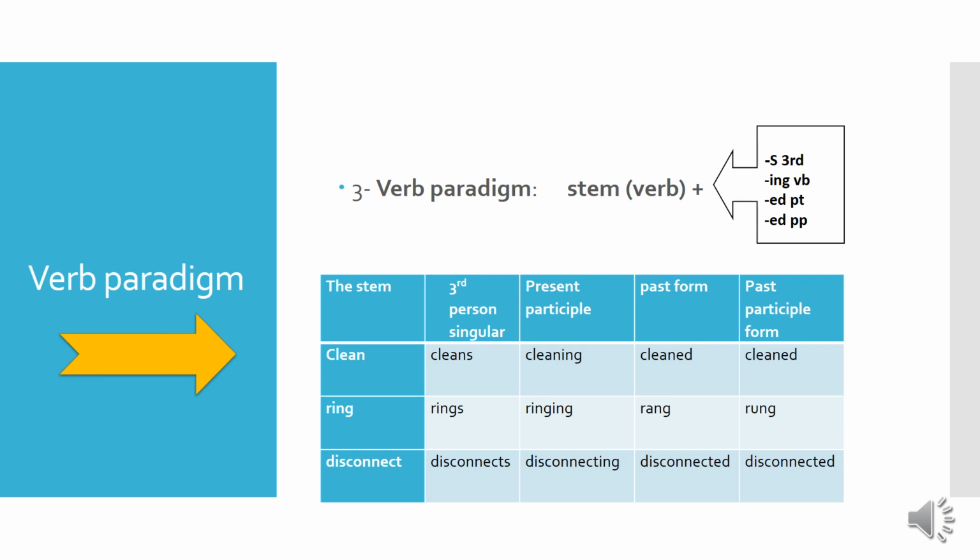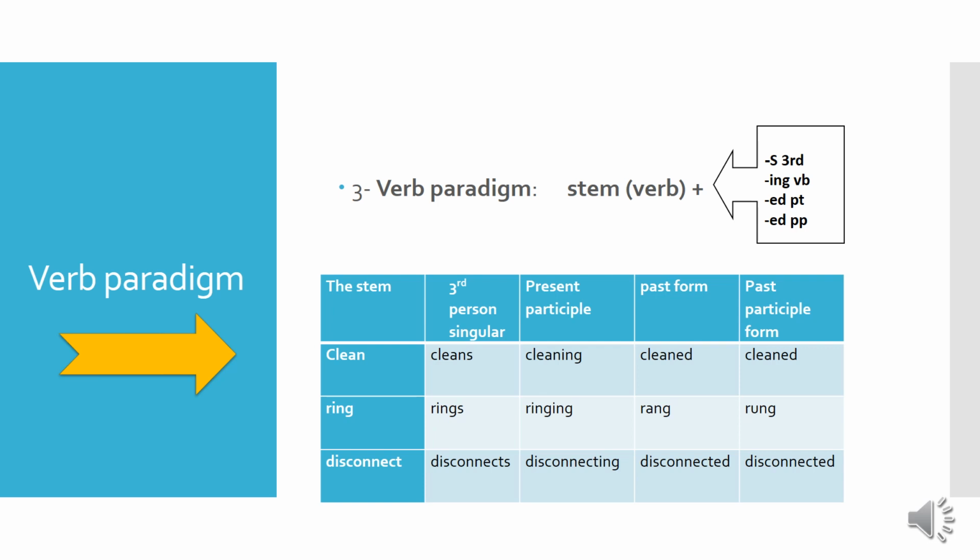And the last position is occupied by the stem plus ed past participle. So we have 5 positions in the verb paradigm: the stem, third person singular form, present participle. By present participle, we mean the ing form of the verb. Also, we have the past form and the past participle form.